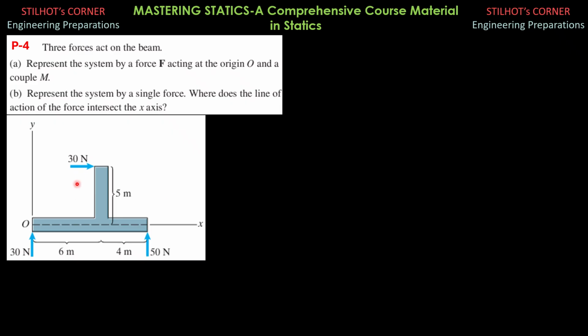First, let's look at the given force system. Fx, of course, is 30 newtons rightward. Then Fy is 30 plus 50, so that is 80 newtons upward. So we write F in vector form as the quantity 30i plus 80j newtons.